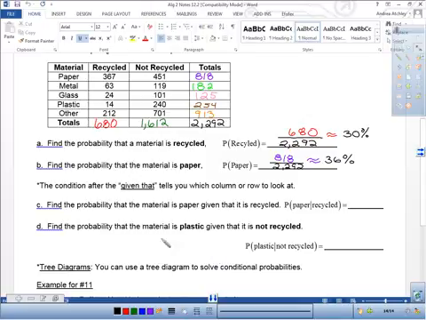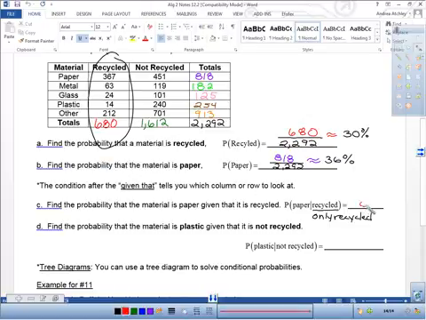Okay. Now we're going to give the condition. The condition after the word given tells you which column or row to look at. So find the probability the material is paper given that it's recycled. So this right here, only recycled things. We're only going to look at the recycled things, which is this right here. We don't care about any of this other stuff. That's gone. We're only looking here.